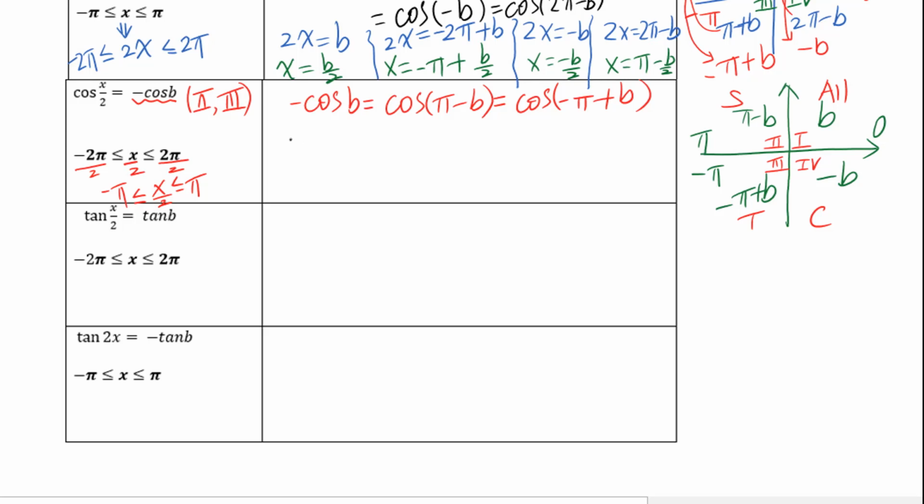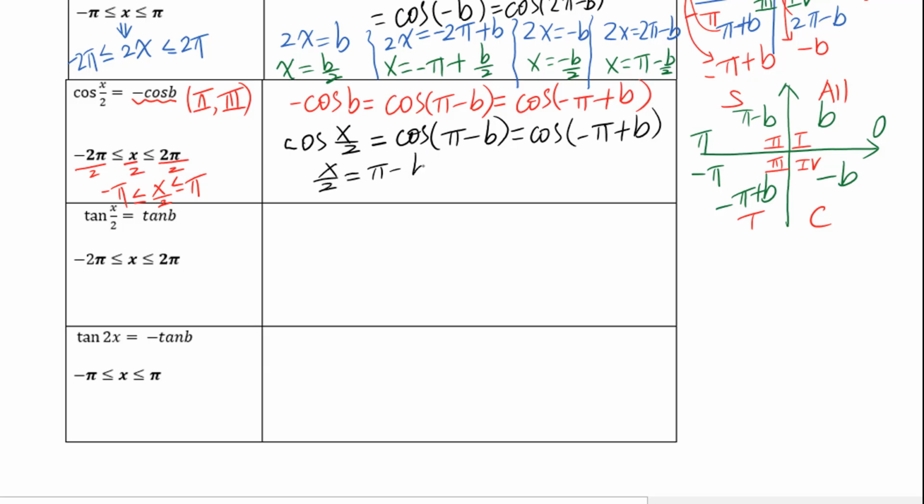Therefore, for cosine x over 2 equals cosine pi minus b, or cosine negative pi plus b, we will set up x over 2 equals pi minus b, or x over 2 equals negative pi plus b.